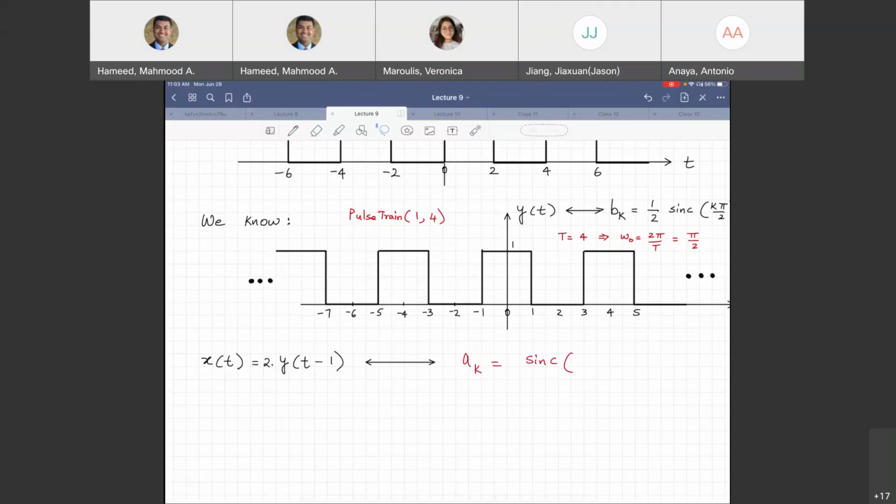All right. Hold up. Let me write the 2 times half here. Yeah, sinc. So k pi over 2 takes care of the sinc. Done. What else? Negative or positive?